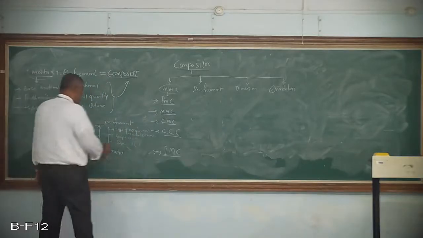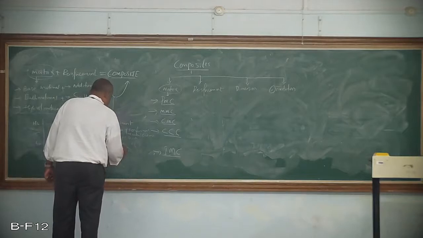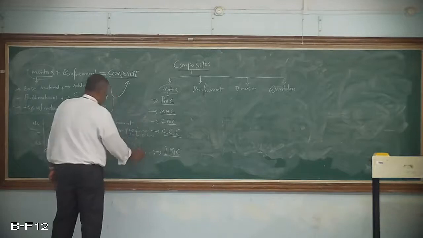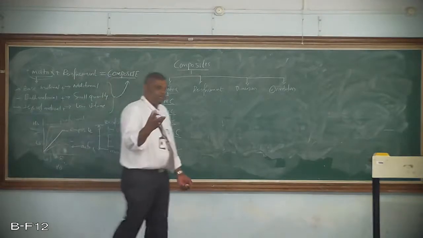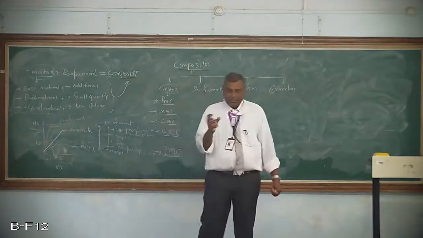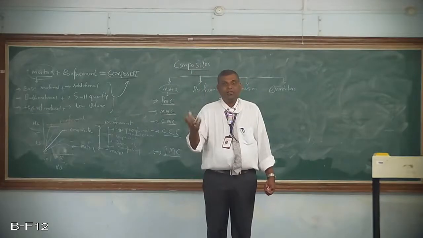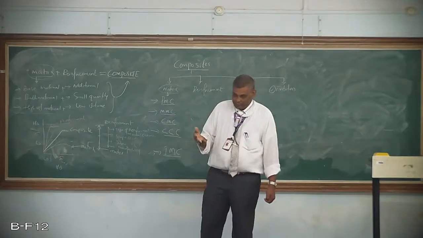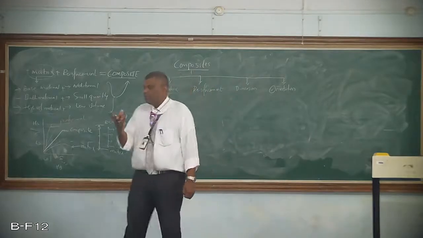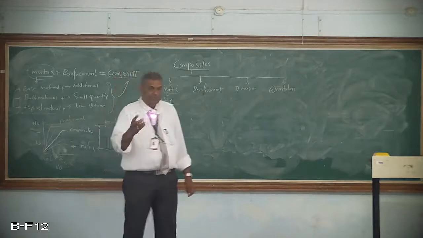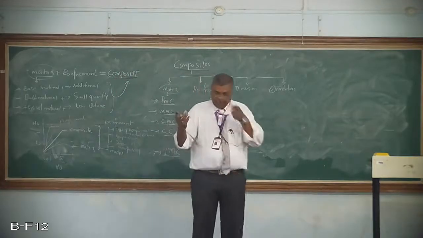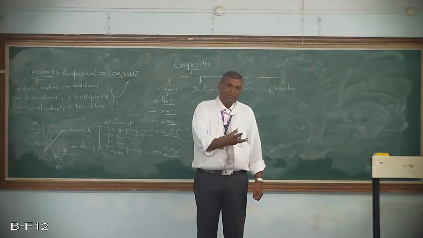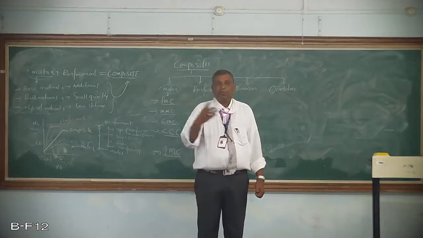And after this, what manufacturing process you are going to use. For example, you want to manufacture a simple block or a simple sphere. If it is manufactured by casting, the properties will be different from the same size and same shape manufactured by forging.